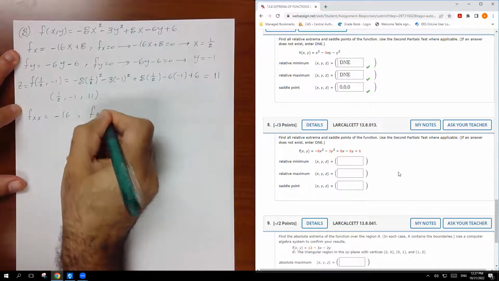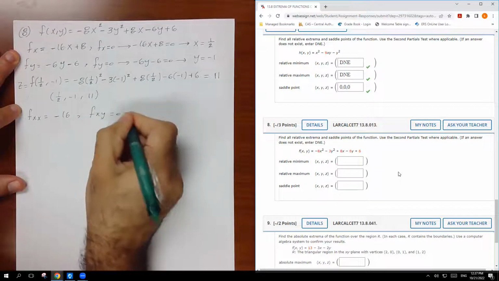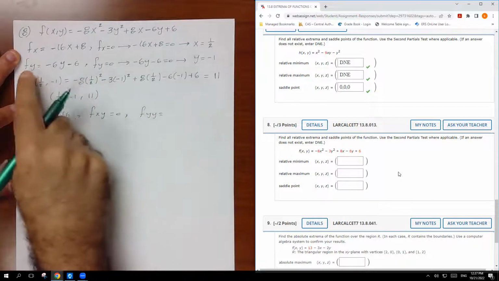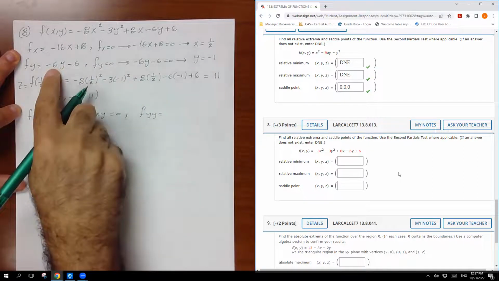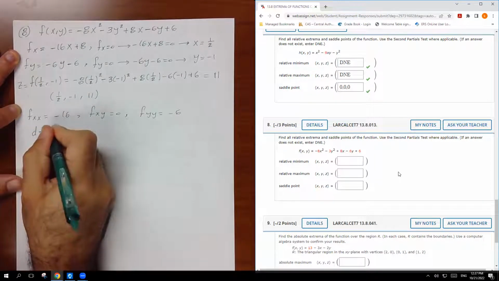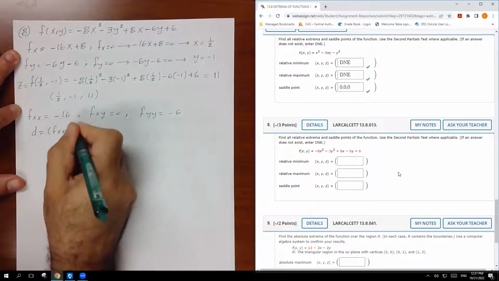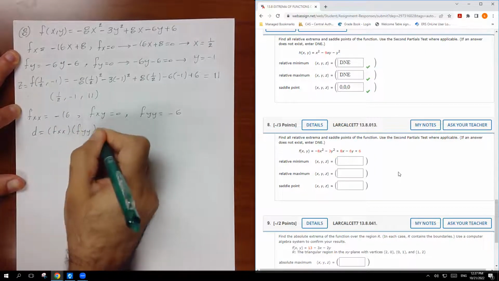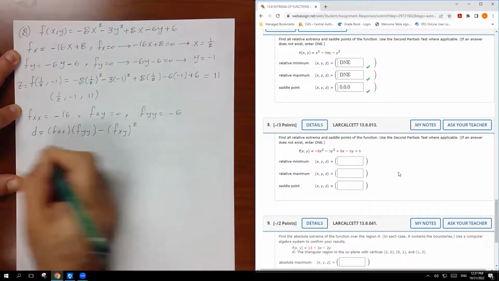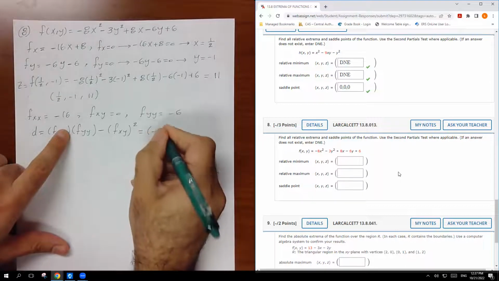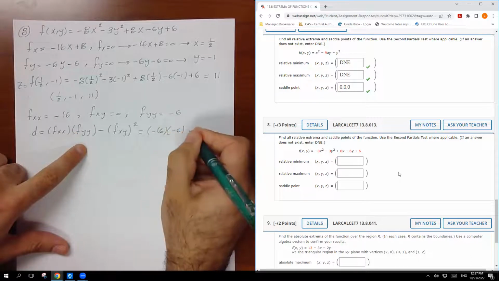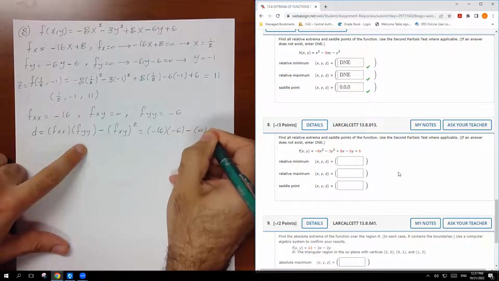f sub xy is 0, and f sub yy is going to be -6. So our D is going to be f sub xx times f sub yy minus f sub xy squared, which is equal to -16 times -6 minus 0 squared.